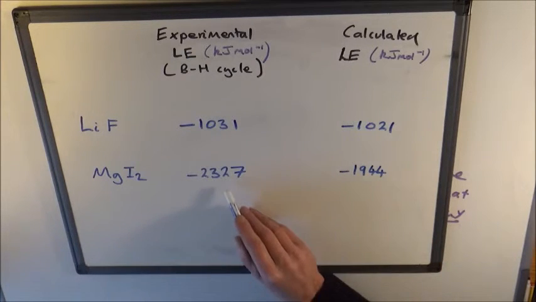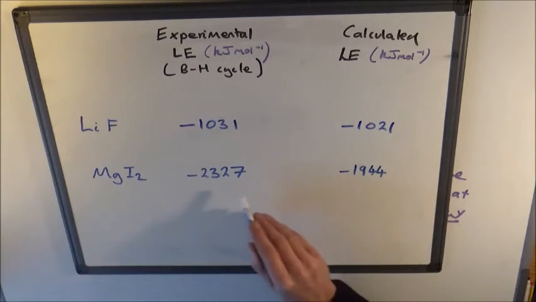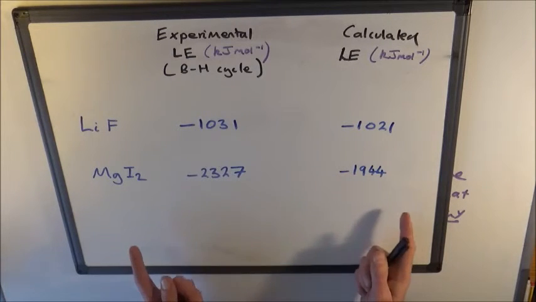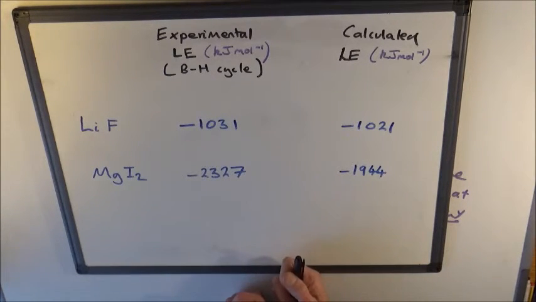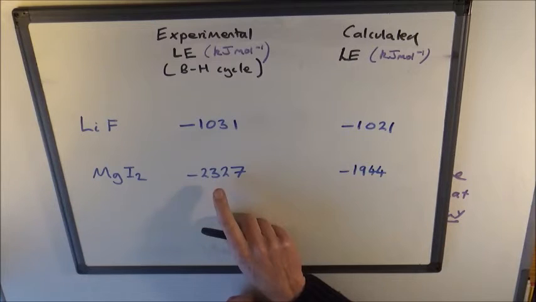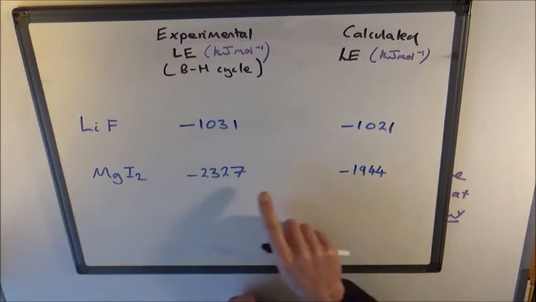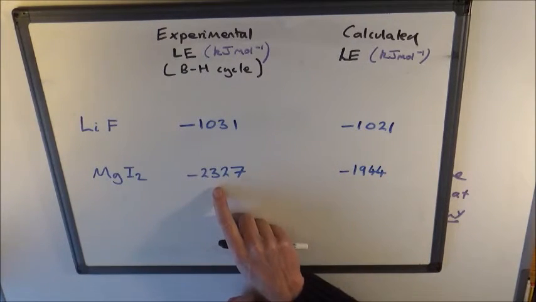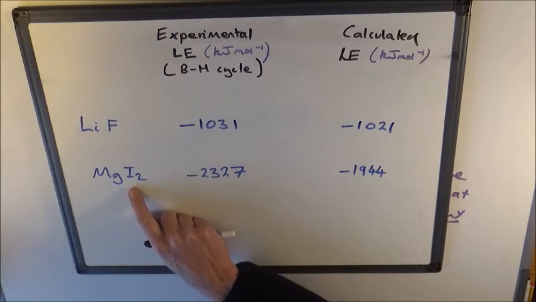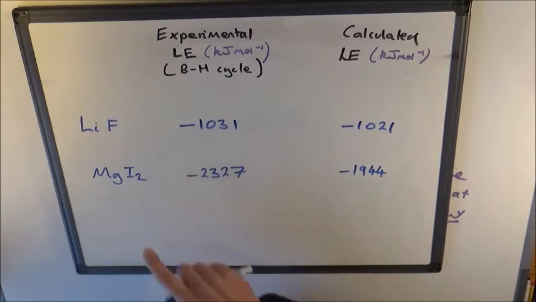So remember, this being more negative than this one means that more energy is released when the ions come together from the gas state. That means they're held together more strongly the more negative this number. So what we're saying is that ionic bonding on its own cannot account for the strength of the bonding in the lattice of magnesium iodide. You can look at it in the other direction.